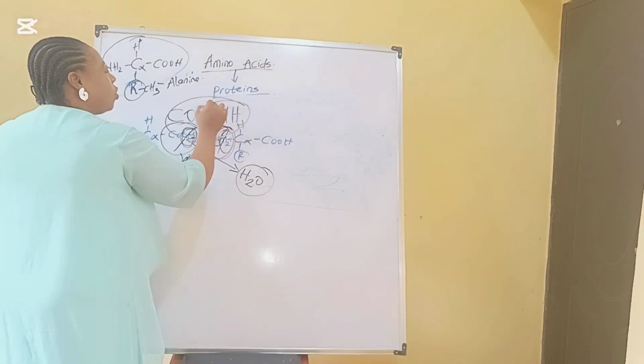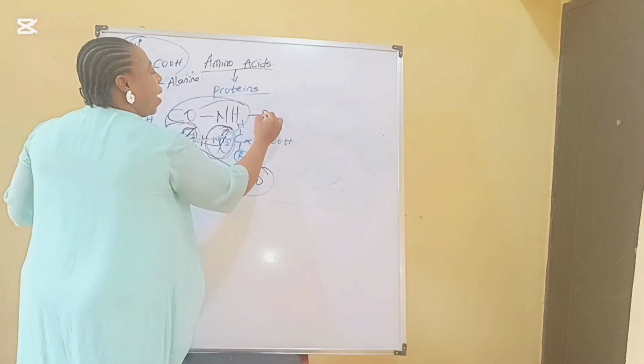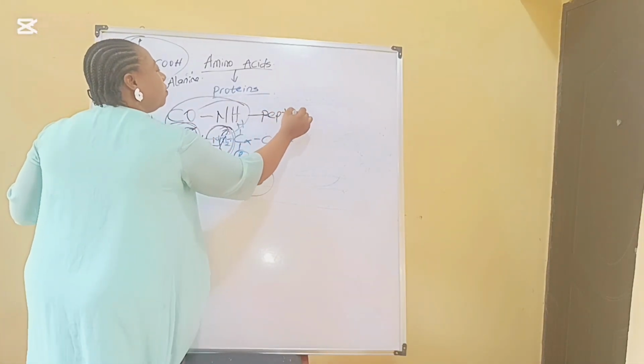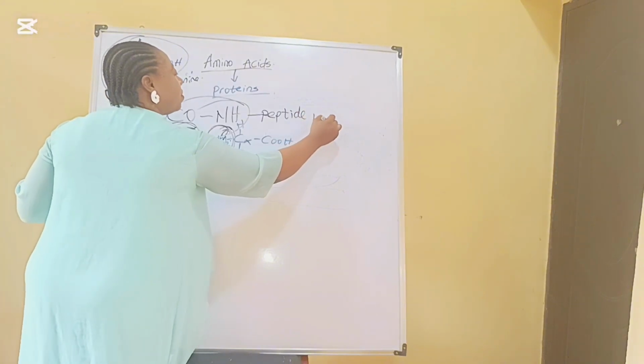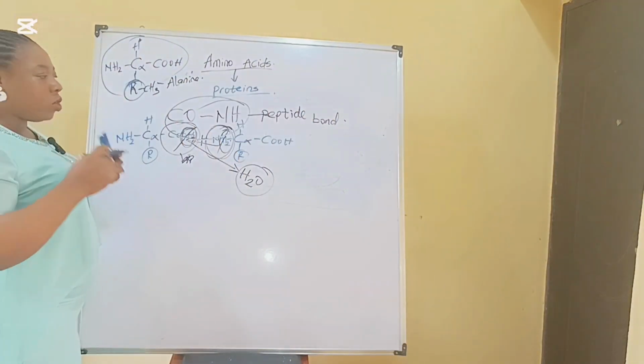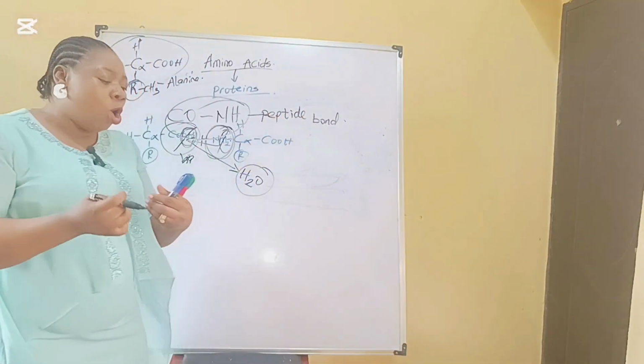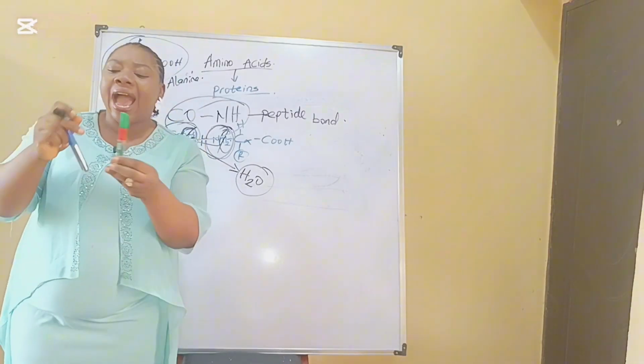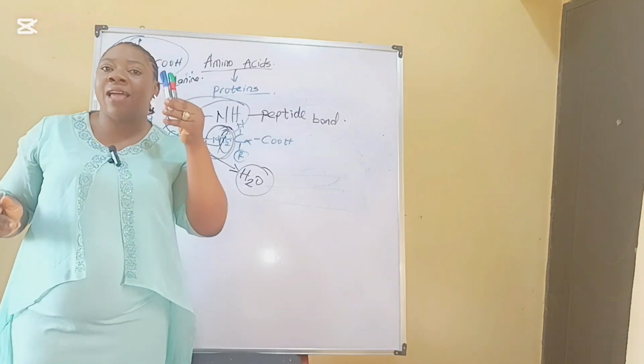This is what we refer to as the peptide bond. So this is the bond that holds amino acid A and amino acid B together.